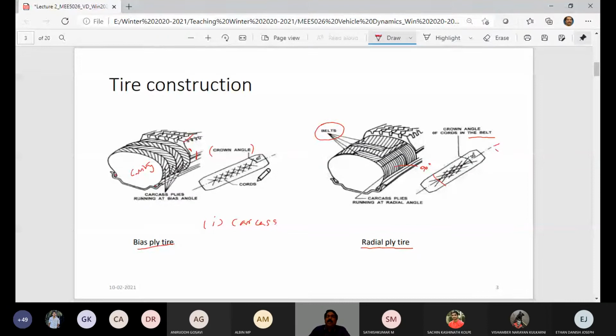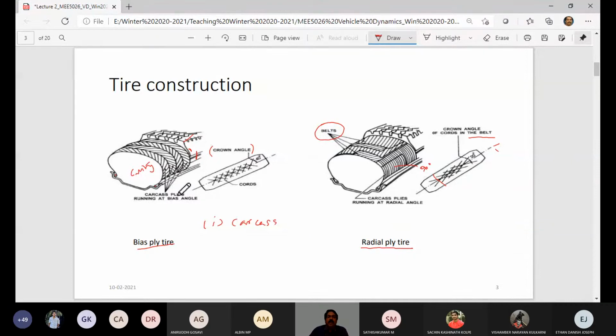So if we have a 90-degree crown angle, as in a bias ply tire, it would provide good comfort for the drivers and occupants, but it will not provide good handling. We just saw that the tire has to provide not only isolation of vibration, but also the necessary steering control and stability of the vehicle.